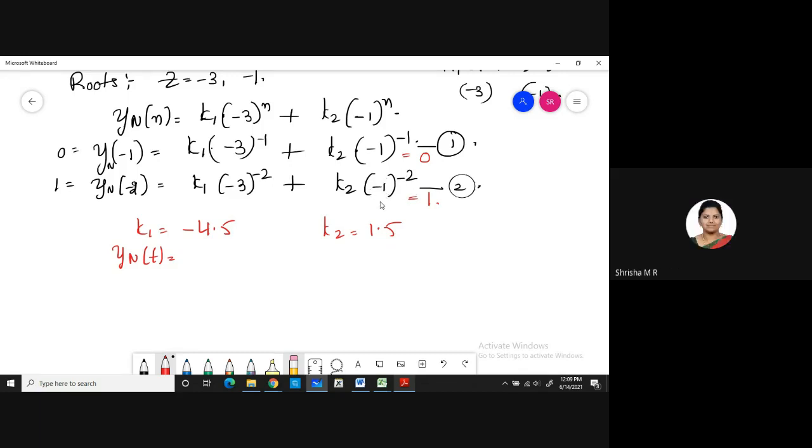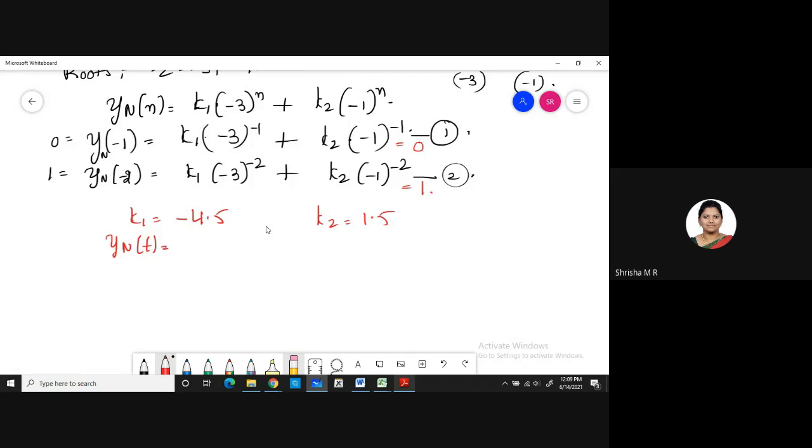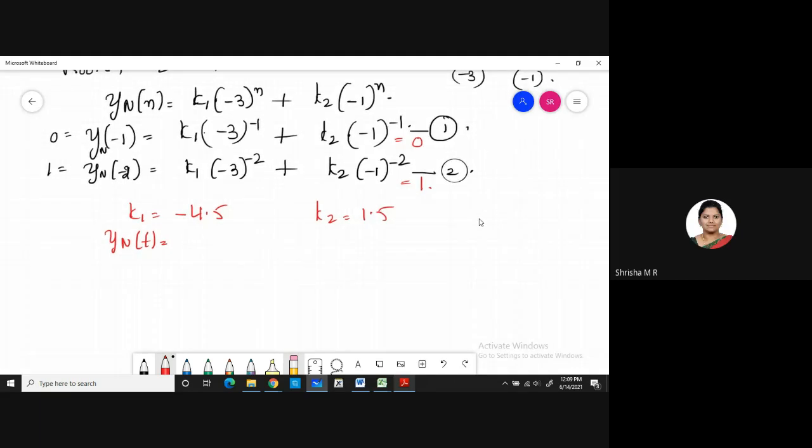This is minus 1 by 2 square, correct? Did you guys get this one? K1, K2? Yes, ma'am, I got. Others? You do it, you will get minus 4.5, 1.5.